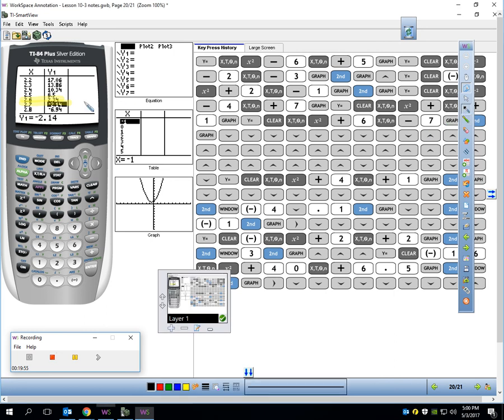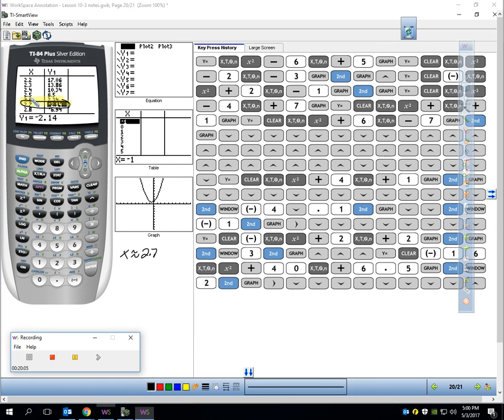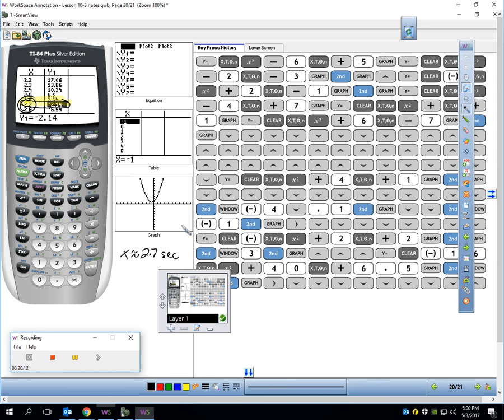Well, 2.14 is closer to 0 than 2.34, so the correct approximation would be that. So the answer to the problem is the shot put was in the air approximately 2.7 seconds. So this works great. The calculator method's perfect for vertical motion models as long as I don't have to show work and I'm allowed to use my calculator.